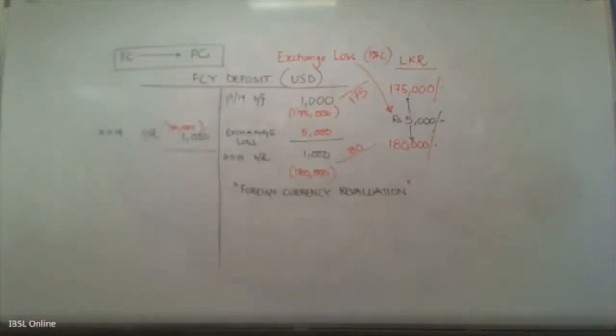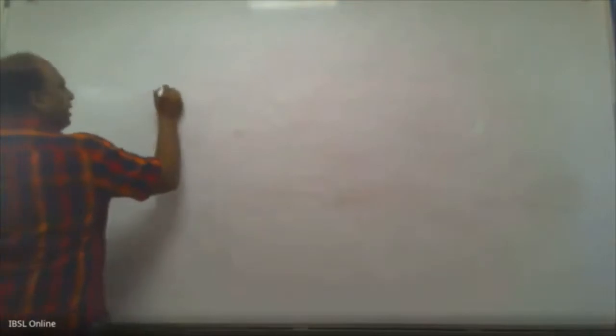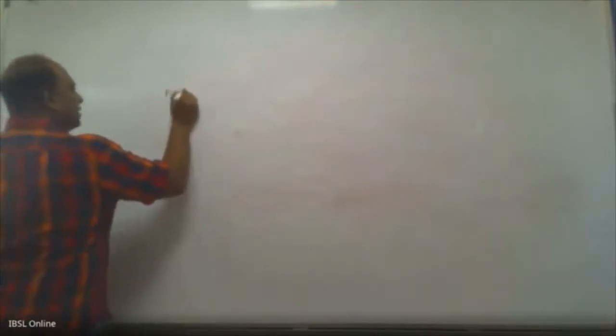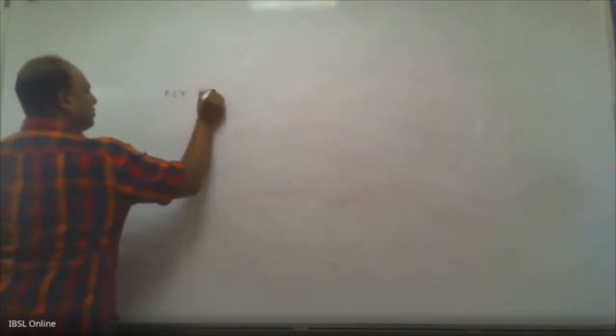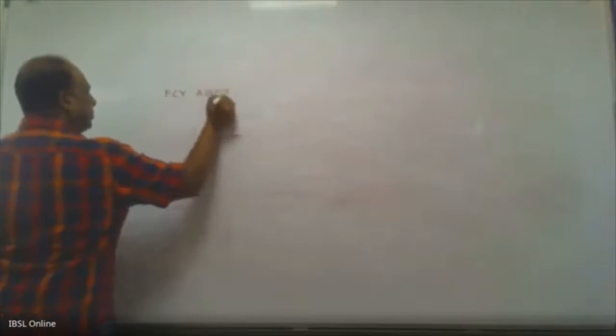Okay, please take down. Now, if there is a foreign currency asset, this is with an assumption that I am giving. We assume that the foreign currency asset value has not changed. If it is $1,000, even next year end it was $1,000.